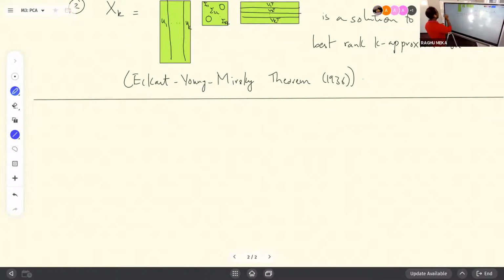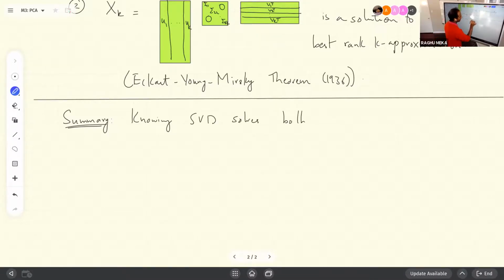All right. So basically, summary. Knowing the SVD solves both problems. But how to get the SVD?